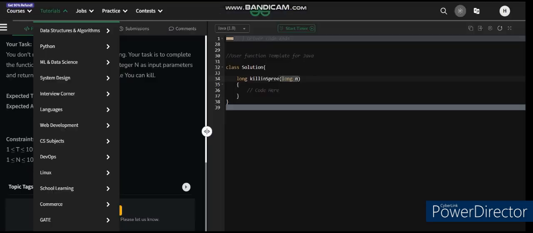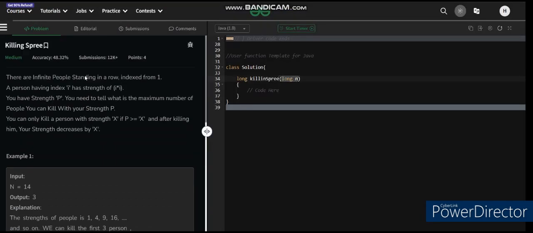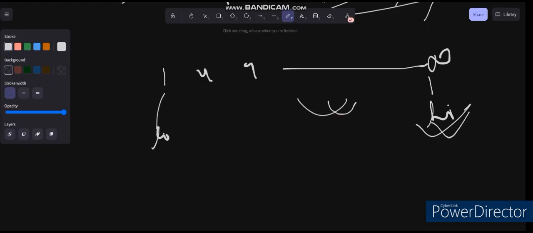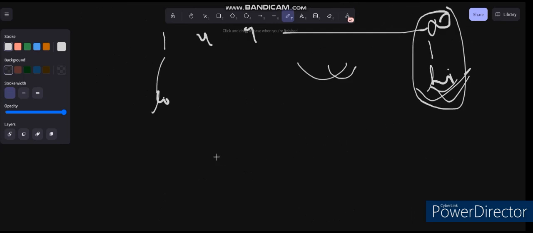It's not like the maximum value of an integer; it's given as infinite. So we cannot take high as infinity. Then what should be the high to apply binary search? That is the main point we have to think about.